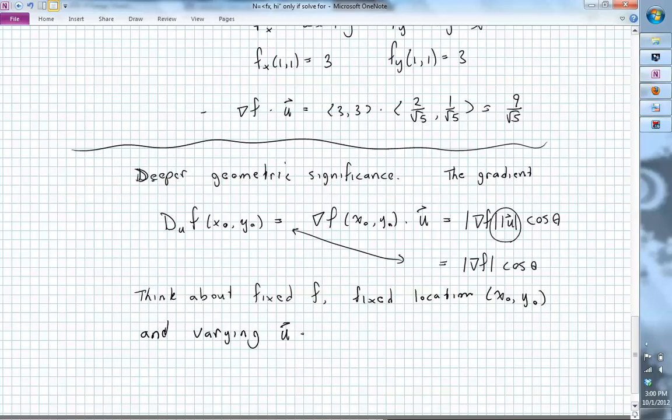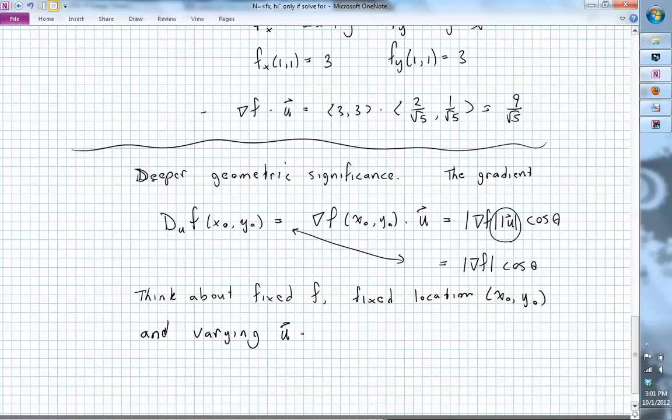So here I come back to this location underneath the surface. The surface is up there, it's the same surface. The location is fixed. And what I'm interested in is in which direction is the surface steepest? That's the question I want to ask.